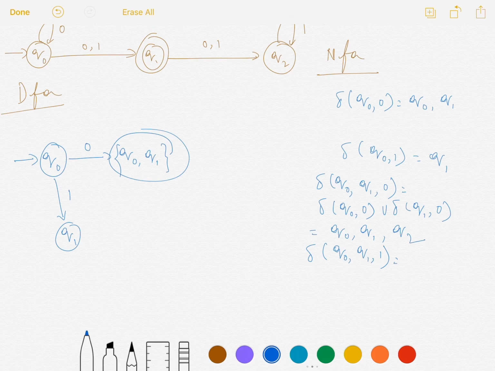So if I give 0 to Q0 Q1, it is going to a new equivalent state Q0 Q1 Q2, where the properties of Q0, Q1 and Q2 exist.